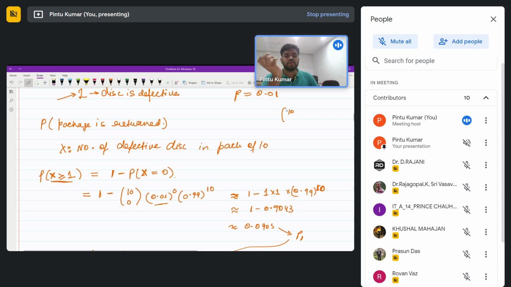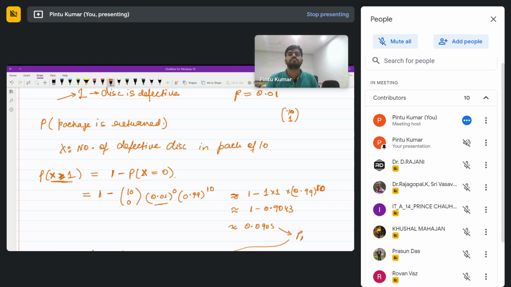That will lead you to 10C1, and then you can multiply for different positions, right? Also here you have to calculate that one or more than one is defective, right? The question is actually any disk being defective is independent. It doesn't relate to any pack.